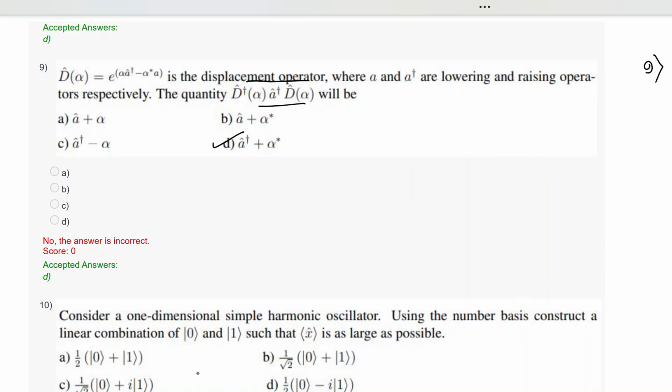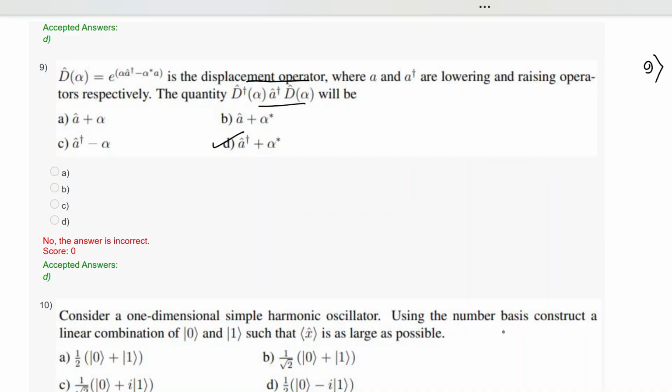Now the final question, question number 10, is that one dimensional simple harmonic oscillator using the number basis construct a linear combination of 0 and 1 such that x cap is as large as possible. So x cap is as large as possible, that is what you have been asked about.